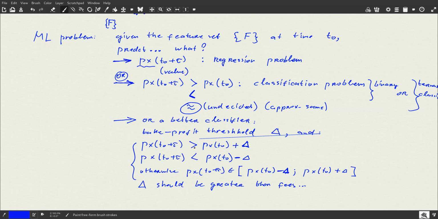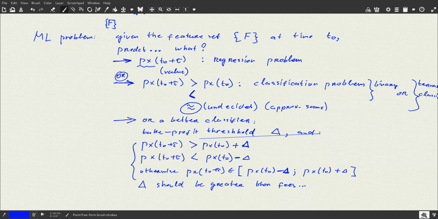Yes, suppose that your prediction is correct and the price at T0 plus store is going to be, for example, price at T0 plus delta, but then you realize the profit of delta, but then the fees from this transaction appear to be greater than delta. So your profit minus fees appears to be negative. There is absolutely no point in doing that. You would probably agree with this, all right?